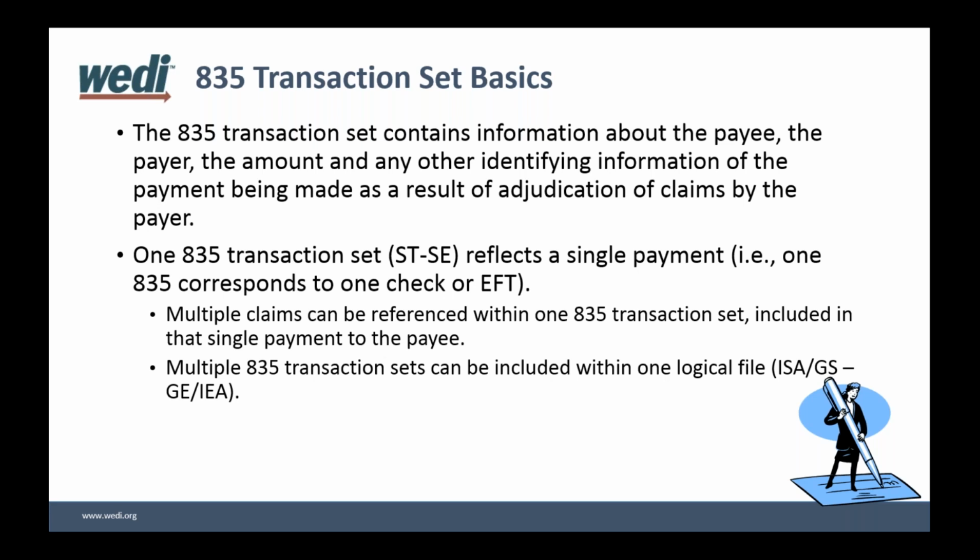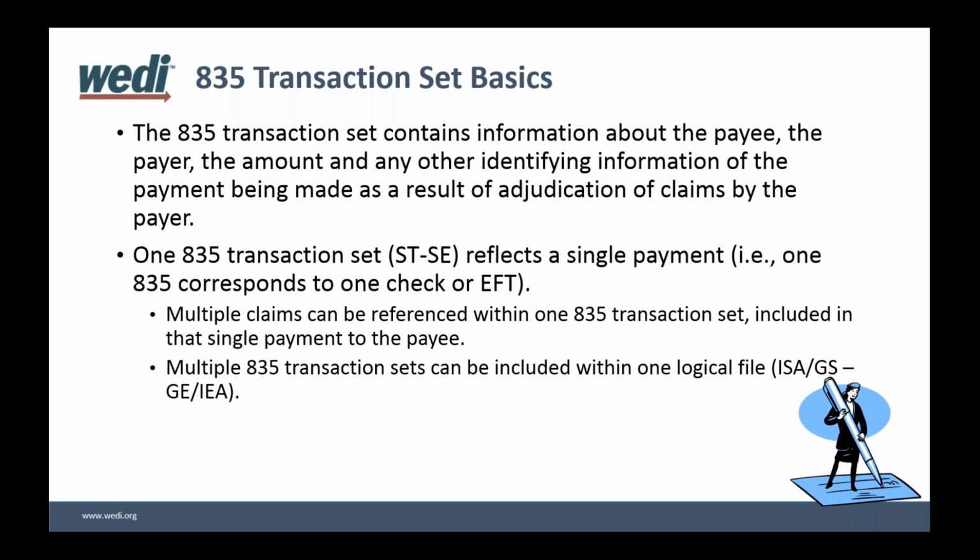This is sometimes confusing. The payee can be the provider, and in most cases, the 835 is distributed and paid to the provider, but we allow for other entities to be able to receive that money. It may be a higher level entity. It might be the hospital as compared to an individual doctor. I know that question has come up often.